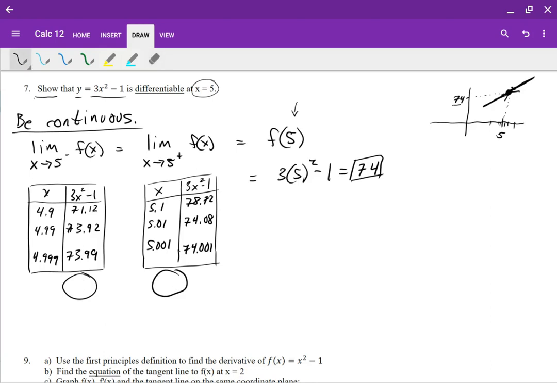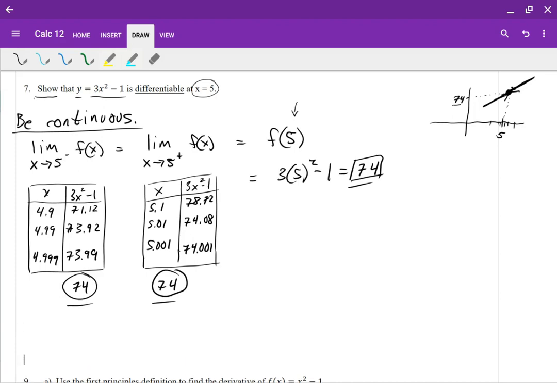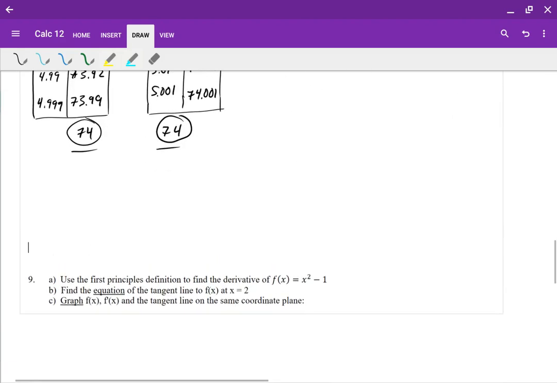And so since the limit approaches 74 from the left, the limit approaches 74 from the right, and the function itself is 74, then what we've more or less demonstrated here is that the thing is continuous, okay?